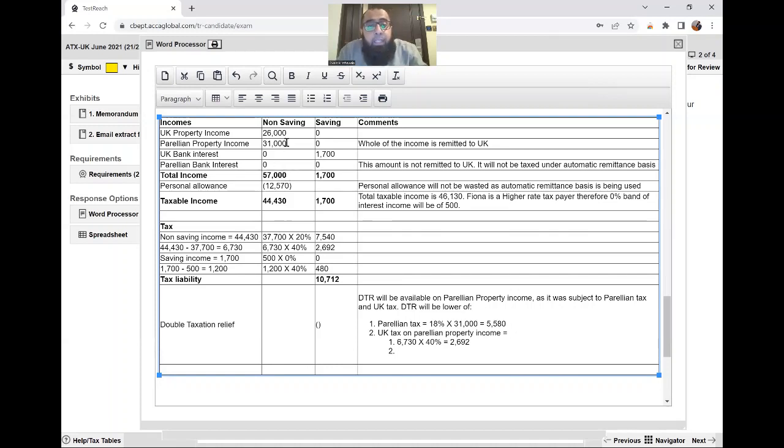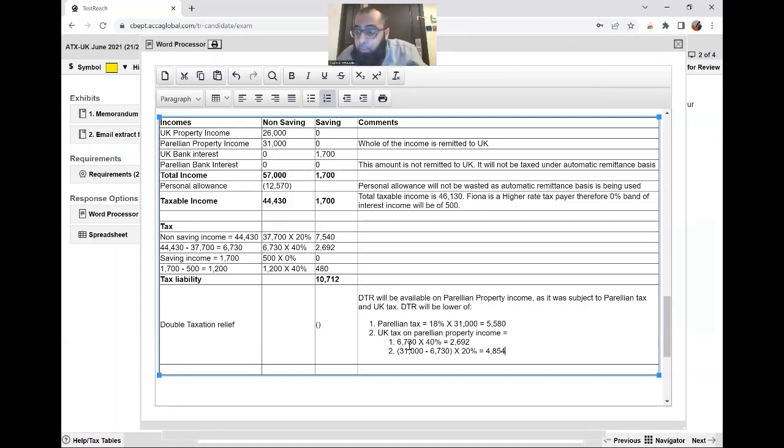So the parallel property income was 31,000. So 31,000 minus 6,730. I will repeat it again, so don't worry about these things, and I will tell you one shortcut also. At 20%, this gives me 31,000 minus 6,730 into 20%, so it's 4,854.